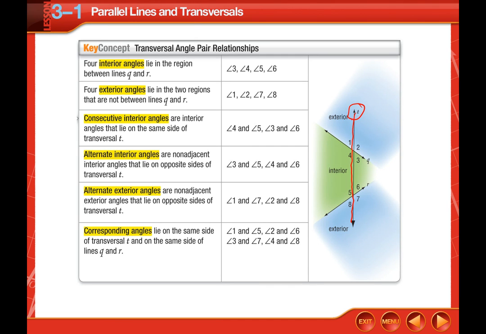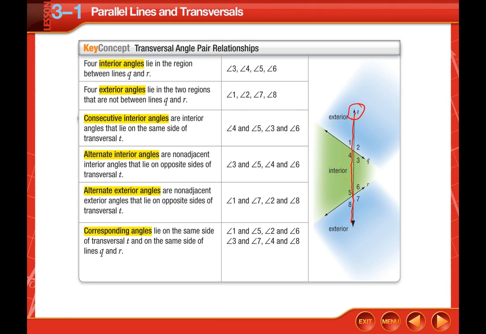Now, consecutive interior angles are interior angles that lie on the same side of a transversal. Okay, so 4 and 5 are both on the left side of the transversal, and they are interior. So they are known as consecutive.